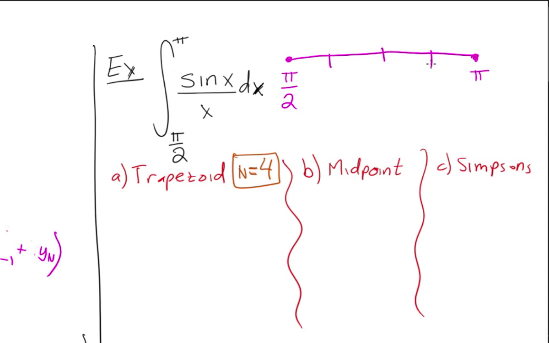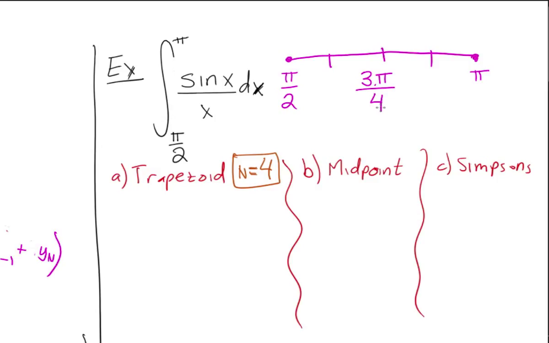That's 4 pieces, right? Then you can find each one of these. Halfway between pi over 2 and pi, what is that? 3 pi over 4. Okay.